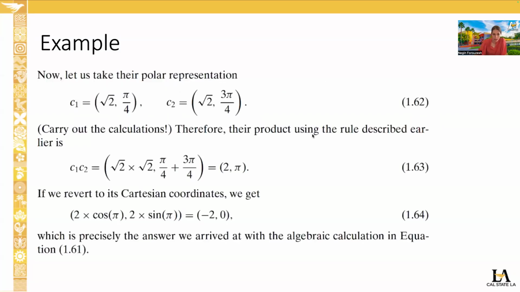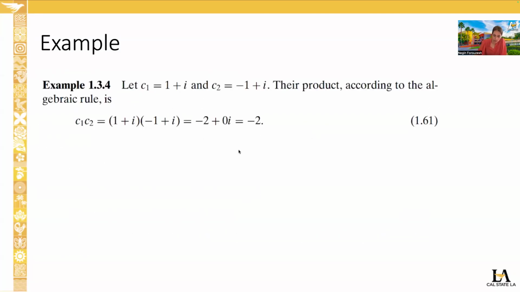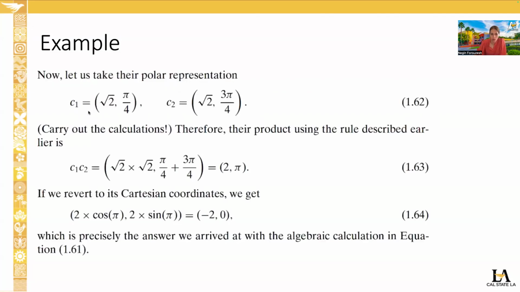This is what you have from the Cartesian representation. And if you go by the polar representation, this is how you convert those numbers into their polar representation. And then you apply the multiplication rule that I just shared with you.